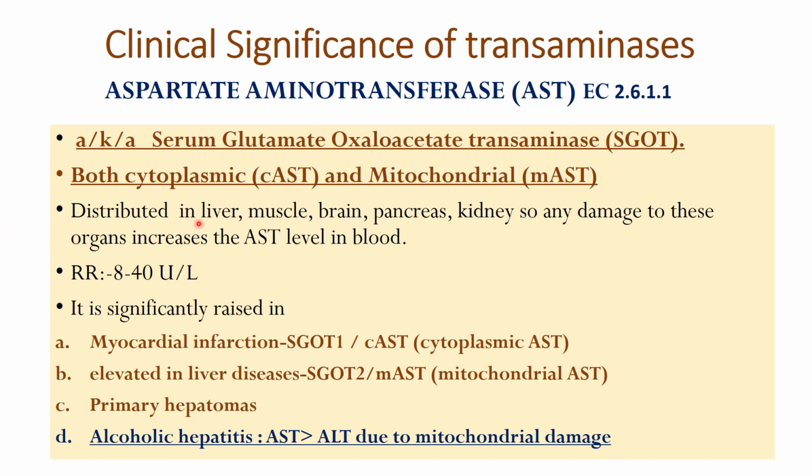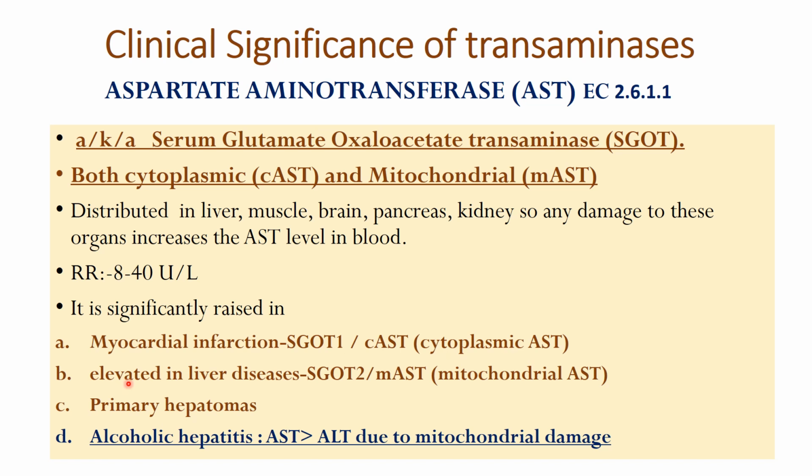These are distributed in liver, muscle, brain, pancreas, and kidney, so any damage to these organs increases the AST level in blood. The reference range is 8 to 40 units per liter. It is significantly raised in myocardial infarction. In myocardial infarction, generally you will see the isoenzyme SGOT1 or CAST, which is present in the cytoplasm.